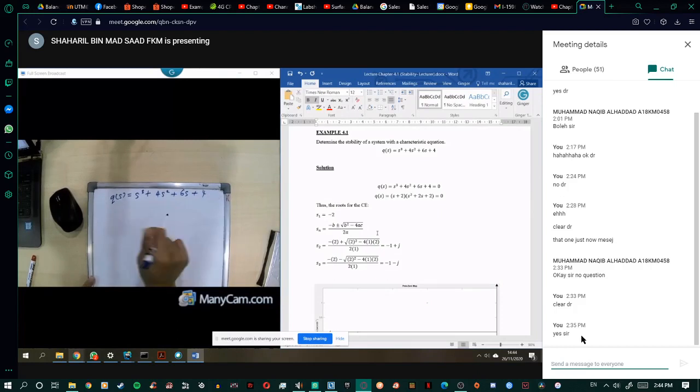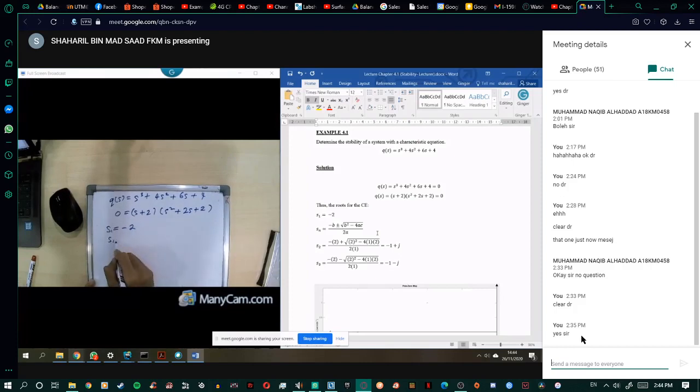For this one, you can factorize it into s plus 2 times s squared plus 2s plus 2, and make it equal to 0. Then you can find the roots. Let's say s1 is equal to minus 2, and s2 and s3 from the quadratic.